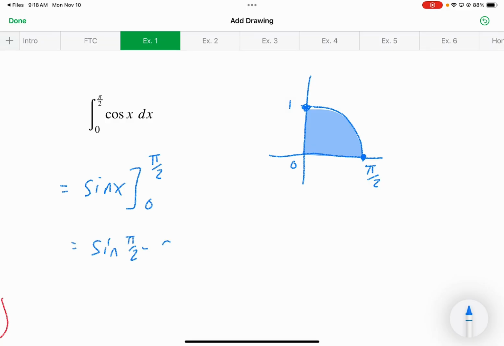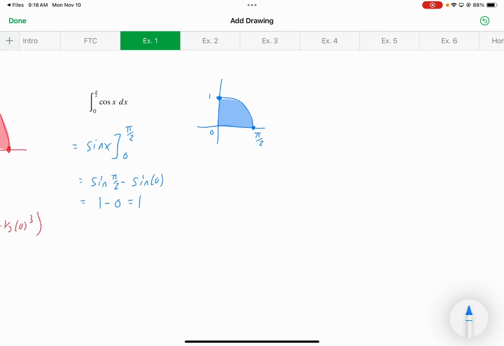Sine of pi over 2 minus sine of 0. What's sine of pi over 2? 1. Sine of 0? 0. Great, so I get 1 as my area. Cool.